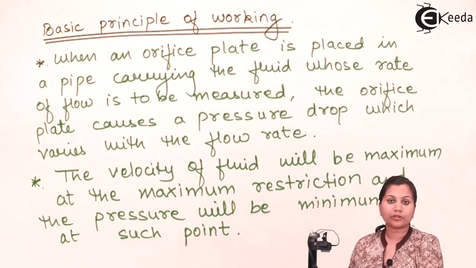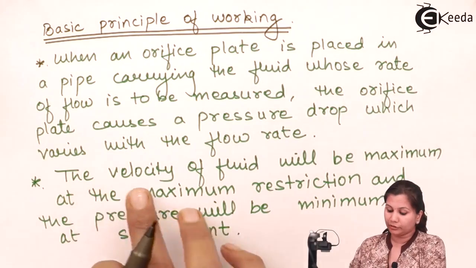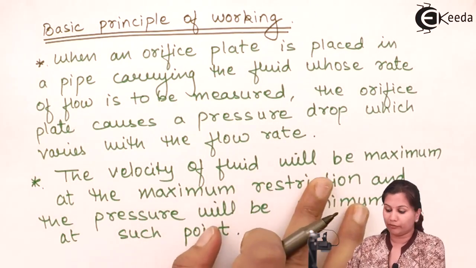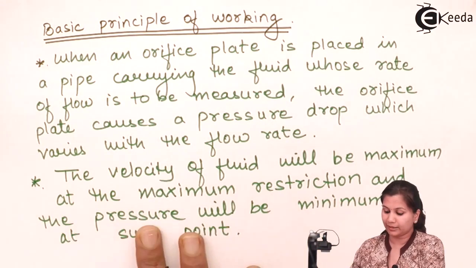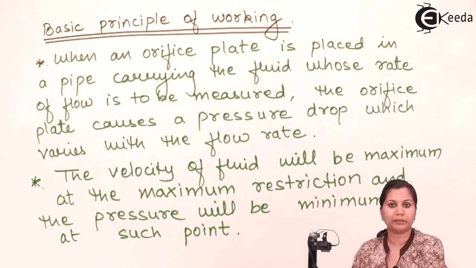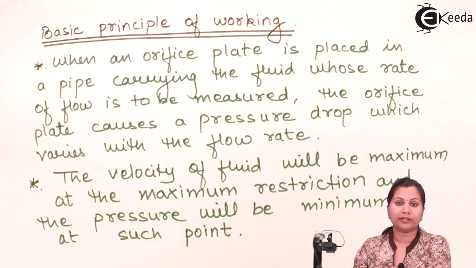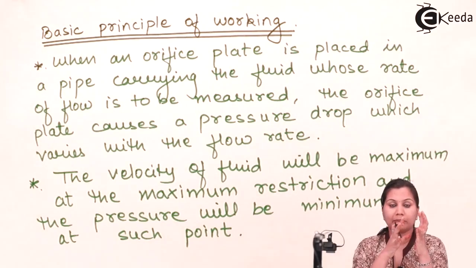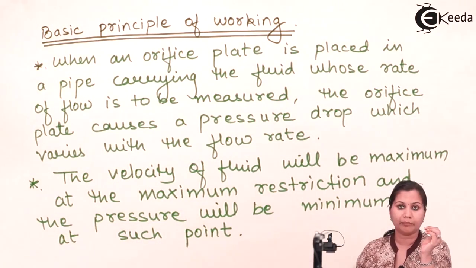The construction of the orifice plate is such that it acts as a restriction or obstruction, and the velocity of the fluid will be maximum at the maximum restriction, and at this point the pressure will be minimum. So the orifice plate has a point where maximum restriction is provided; at that point velocity will be maximum, but pressure will be minimum.